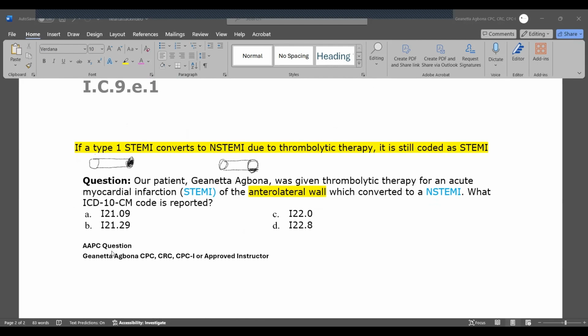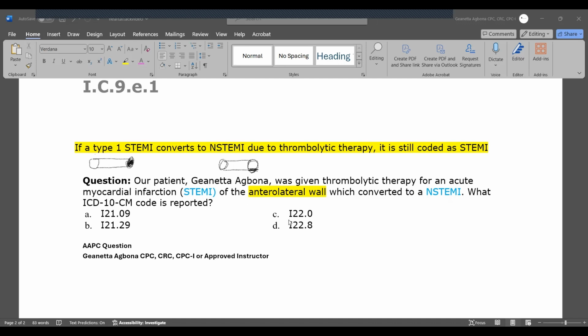I'm an approved instructor, and I want to give them the credit for their question, but I did change it by putting my name there. Our patient, Geanetta Agbona, was given thrombolytic therapy for an acute myocardial infarction STEMI of the anterior lateral wall, which converted to an NSTEMI. What ICD-10 code is reported?